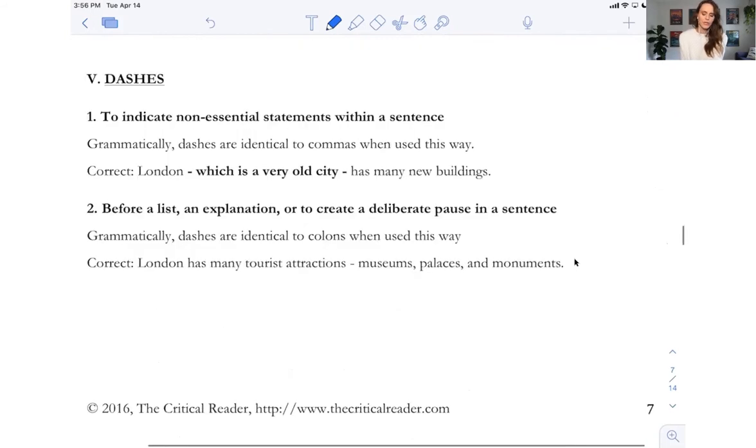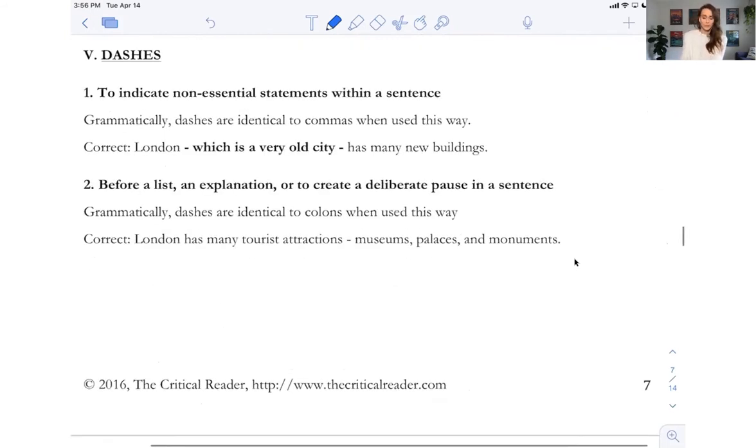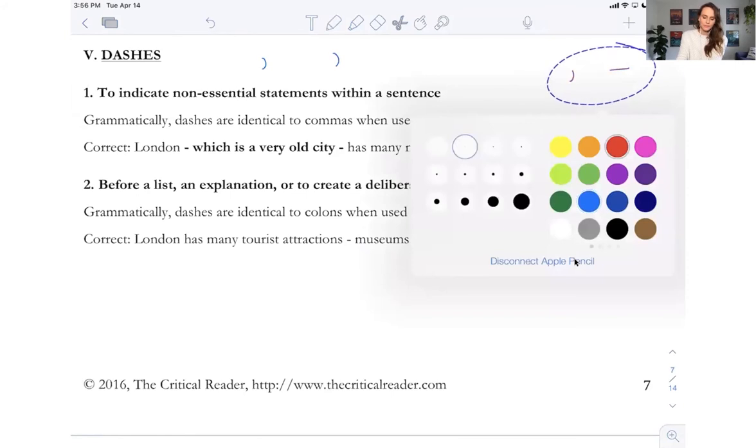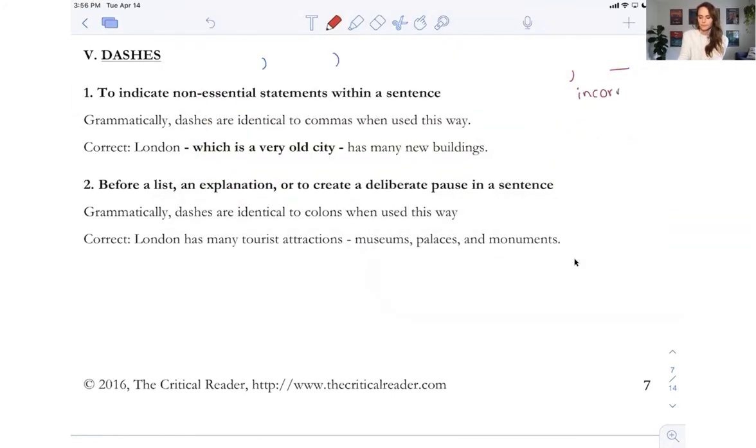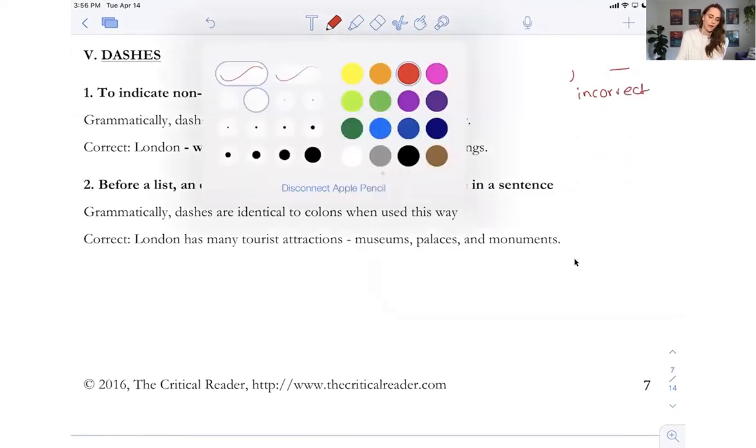Dashes. So dashes can be used the same way that you would use a pair of commas, but you have to be careful. You're not going to have a dash, comma, ever. That would be, whoops, incorrect. But you could have a pair of dashes.